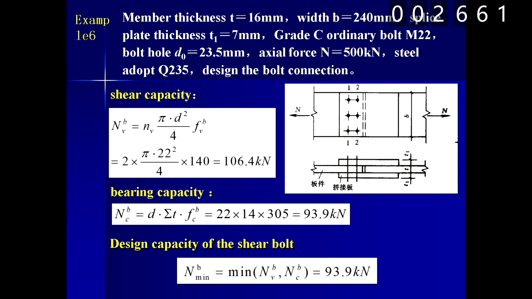We think about first, for the bearing capacities, which part will be destroyed. You can see here will be tension this one, right?